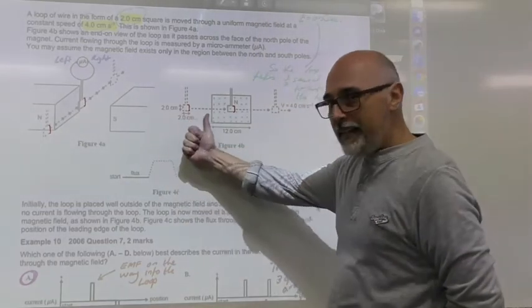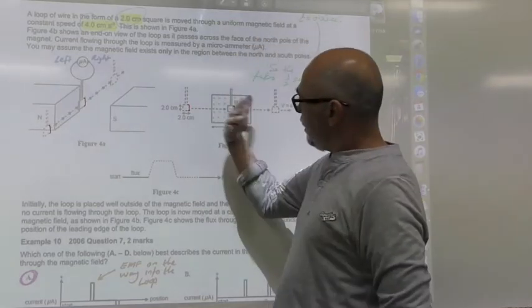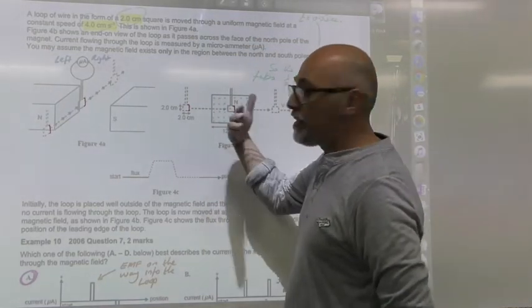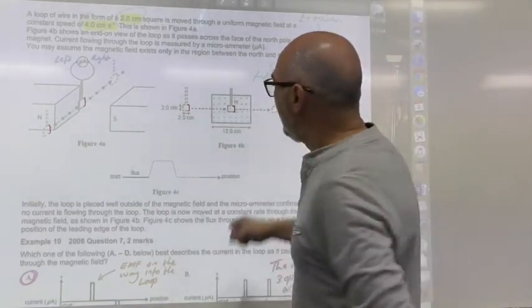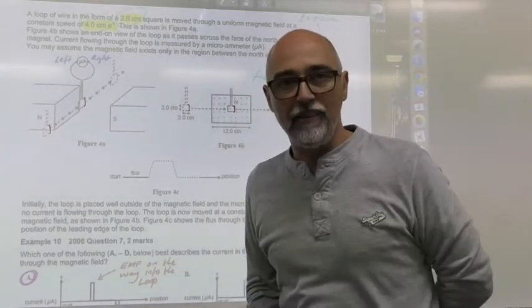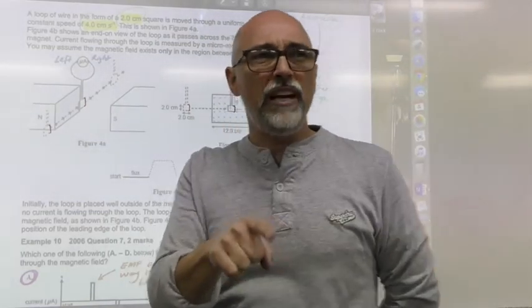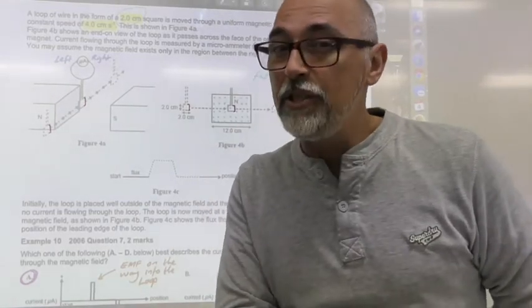As the loop hits the field, it is going to fill with these magnetic field lines from the magnet coming right at you. Now we know it's cutting these magnetic field lines, which means a current's going to be induced in that loop. And that current is going to create its own magnetic field. And that own magnetic field needs to oppose what just happened.